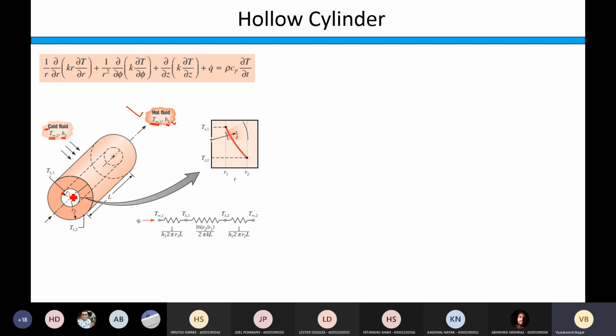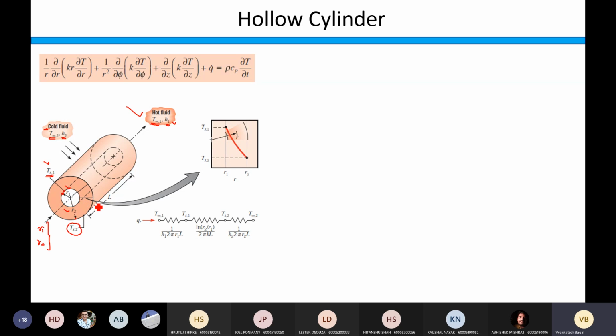Apart from R1, R2, I already talked about these two notations, inner radius and outer radius. You can use Ri, Ro also, if you wish to use them. And then the two temperatures are also given. So the inner surface temperature is Ts1 and the outer surface temperature is Ts2. Fine.